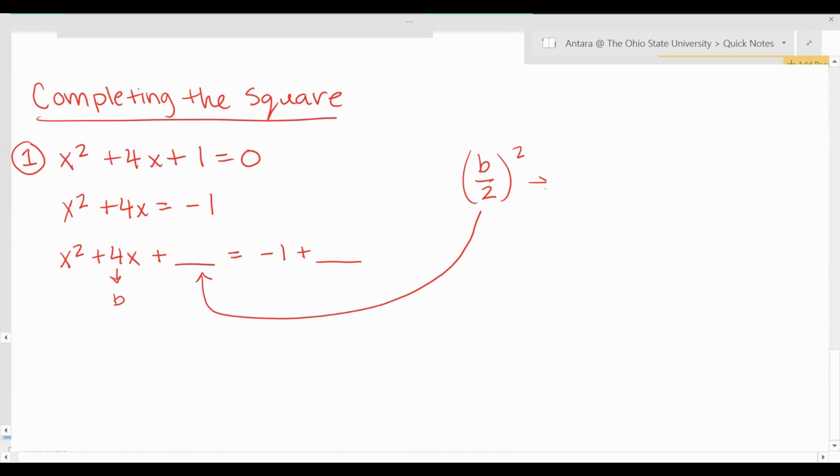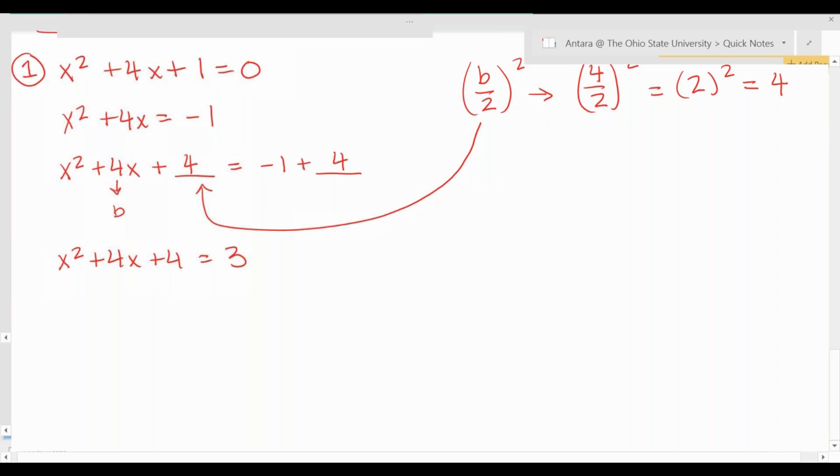So I take 4 divided by 2 and square that, so that's 2 squared, which equals 4. I'm going to put 4 here, but whatever I do to the left side, I need to do to the right side as well. When I simplify the right side, it goes x squared plus 4x plus 4 equals 3.